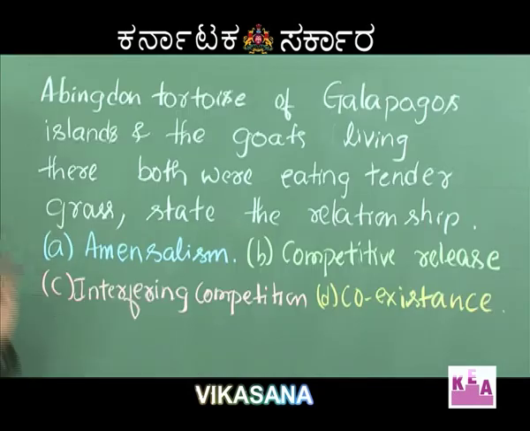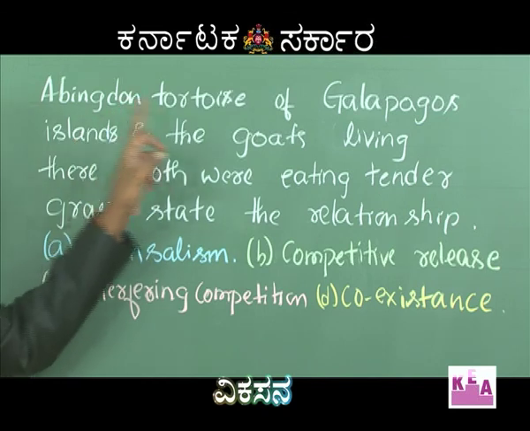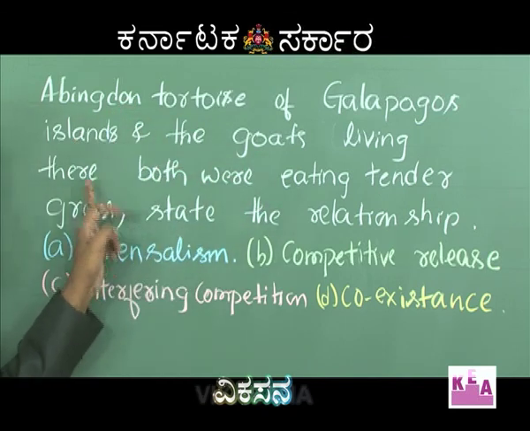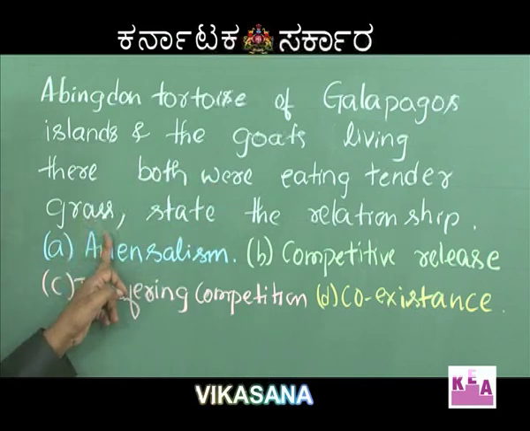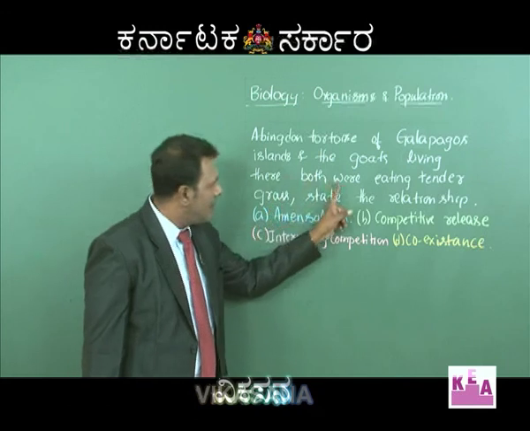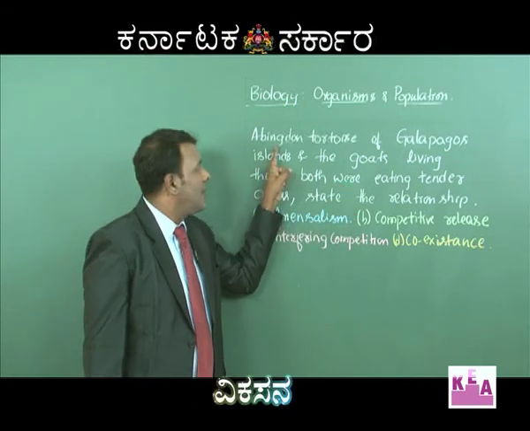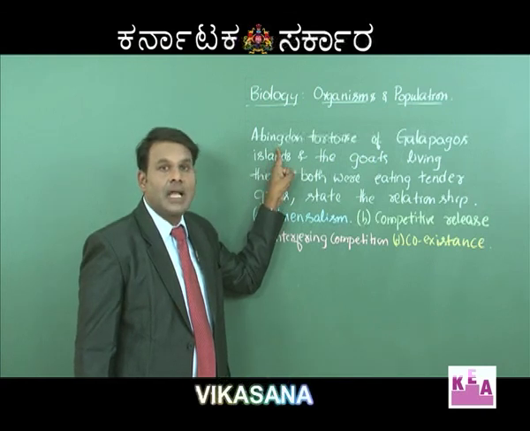When it comes to the question, it says abundant tortoise of Galapagos Islands and goats living there, both were eating tender grass. State the relationship. In this question, since the goats have a greater browsing efficiency, the abundant tortoise are deprived of grass.